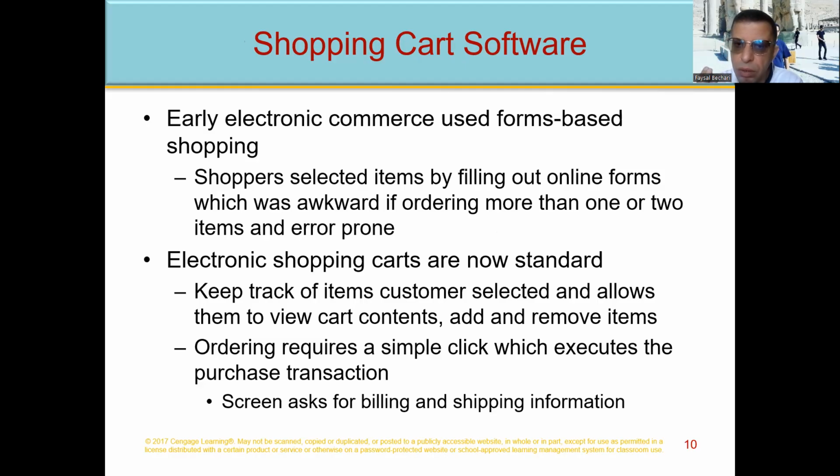Electronic shopping carts are now standard everywhere. They keep track of items customers selected and allow them to view the cart contents, to add or remove something. Ordering requires a simple click, which executes the purchasing transaction, and a screen asks for billing and shipping information at the same time.